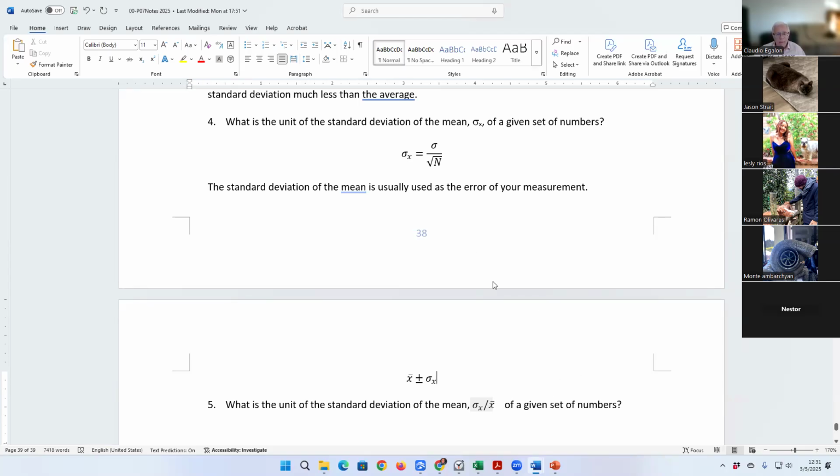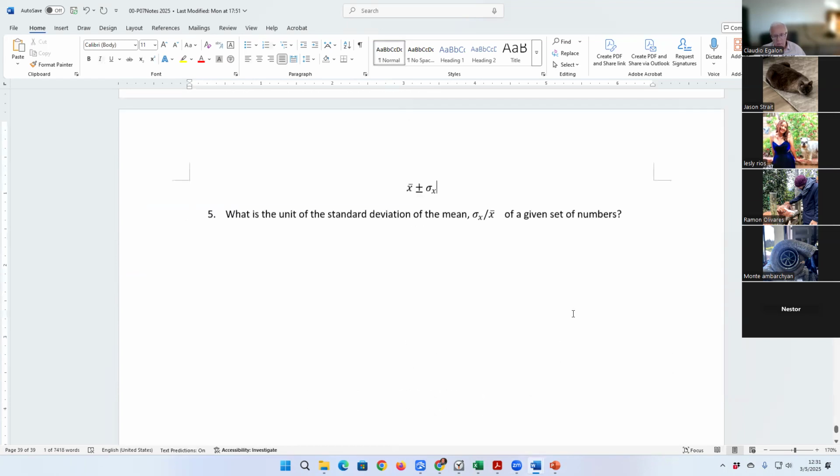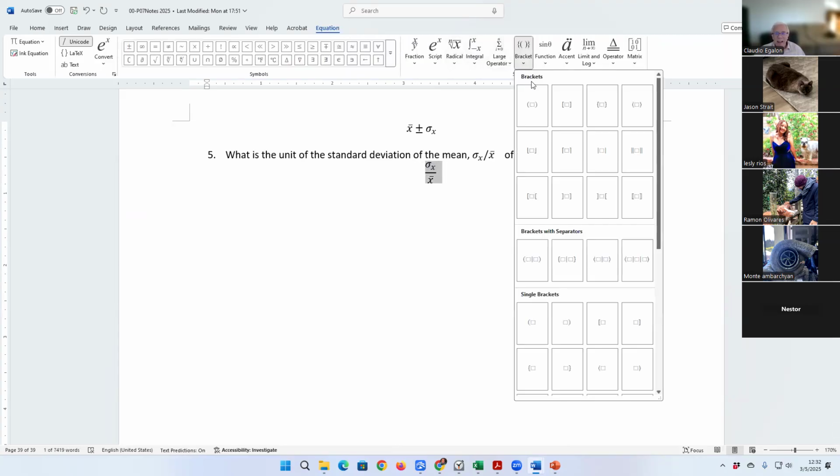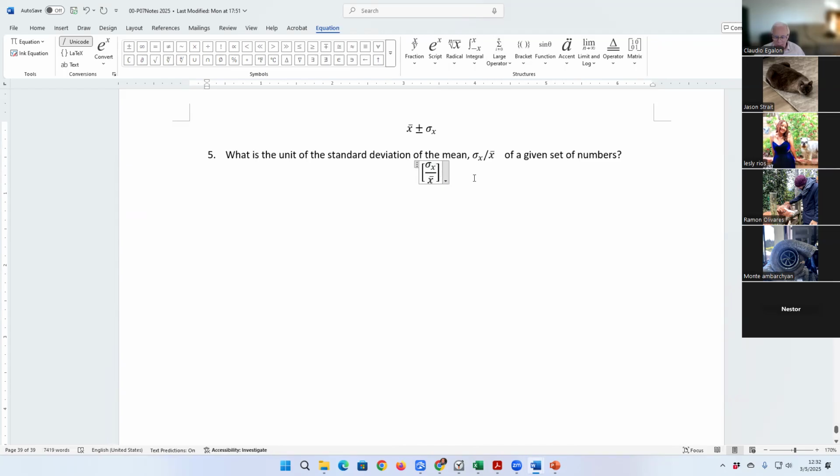You do exactly what we did before. The square bracket of that is going to be equal to the square bracket of sigma X divided by the square bracket of X bar. And now you finish by yourself.